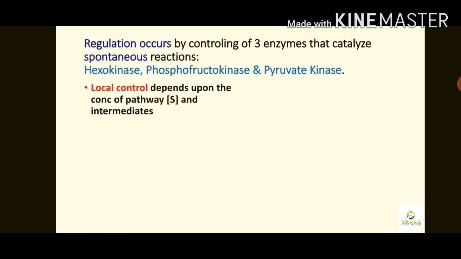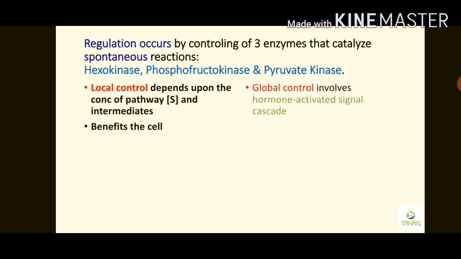One, by local control, that depends upon the concentration of the pathway substrates and intermediates, and this local control helps the cell in which the glycolysis is occurring. And the second system is global control, that involves hormone-activated signal cascades, and this system benefits the whole organism, that is the entire body.